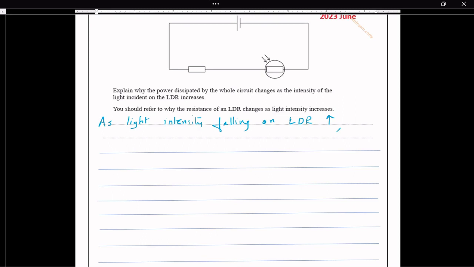We know that the resistance of the LDR is inversely proportional to the light intensity. This is a relation between resistance and light. So when the light intensity increases, the resistance of the LDR decreases by this relation.